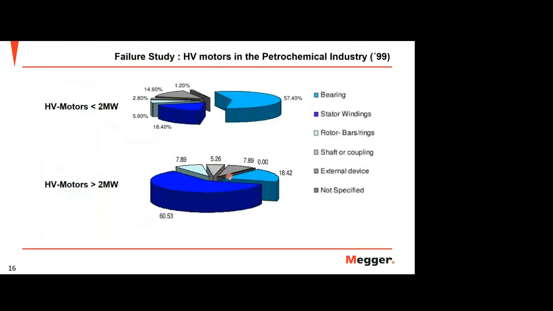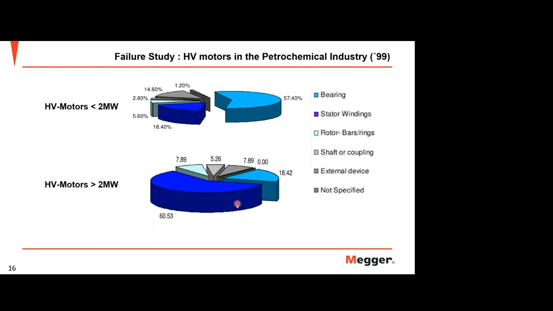If you look at more detail, another study is the test on high voltage motors in the petrochemical industry. You can see high voltage motors below 2 megawatt and higher than 2 megawatt. You can see here that the stator winding also gives a high percentage. For motors higher than 2 megawatt, it is around 60%.